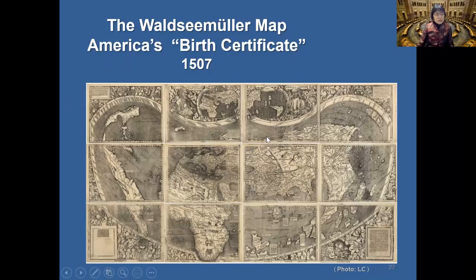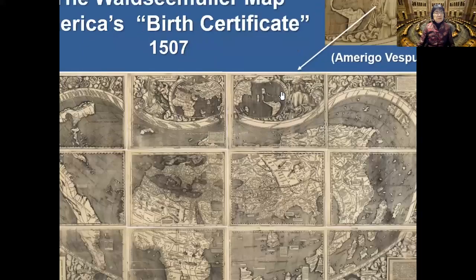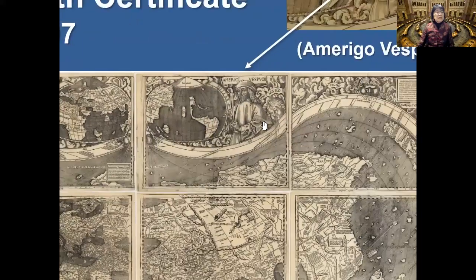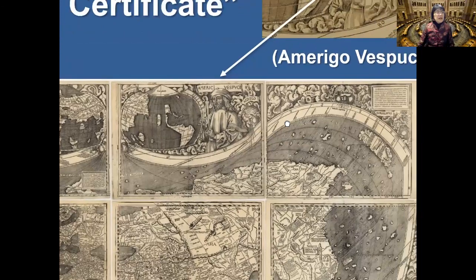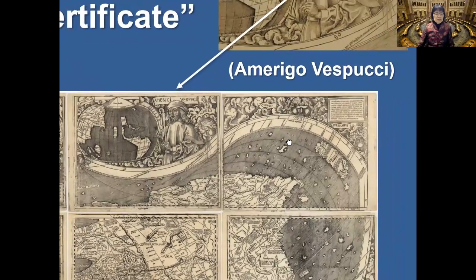Anyway, the librarian who took me there actually published 2 books about this. This map is so important because if you look at this person here, his name is Amerigo Vespucci.